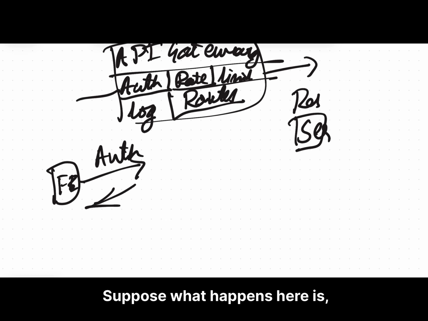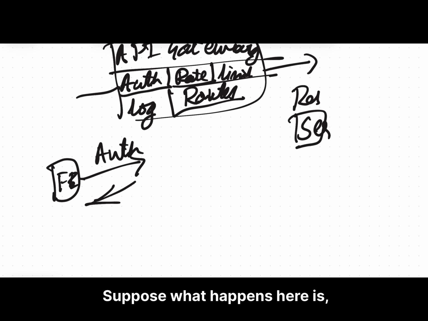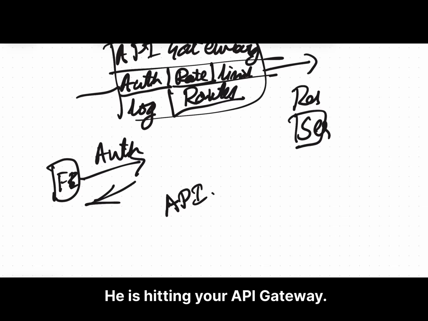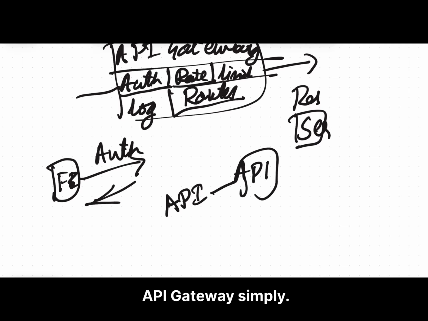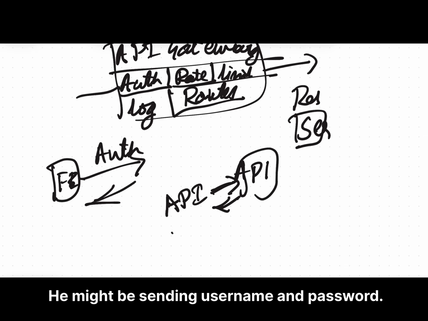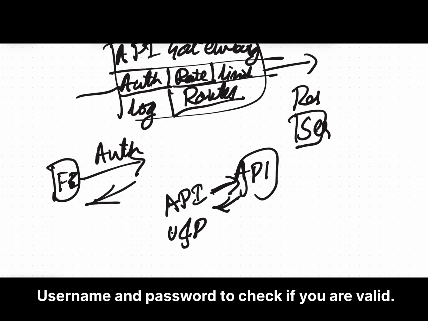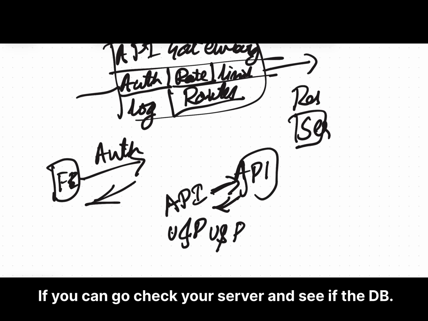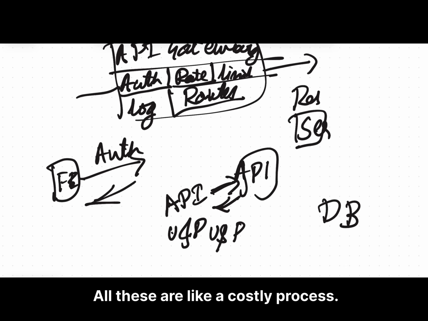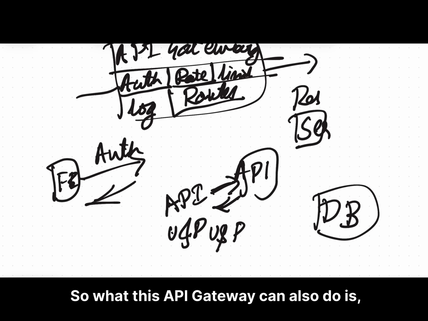Rate limiter. Suppose some spammer is hitting your API gateway, because he wants to hack this. He might be sending usernames and passwords to check if they are valid, making you check your server and the DB, all of which are costly processes.